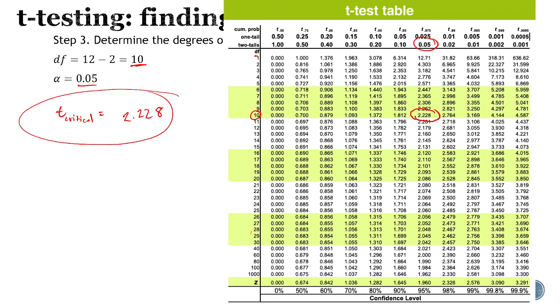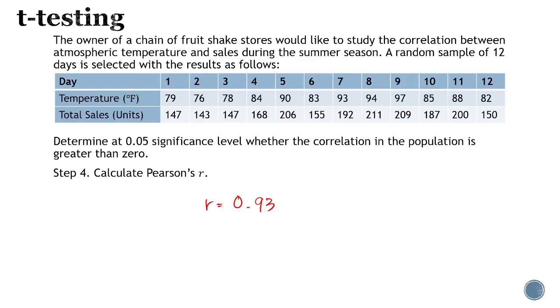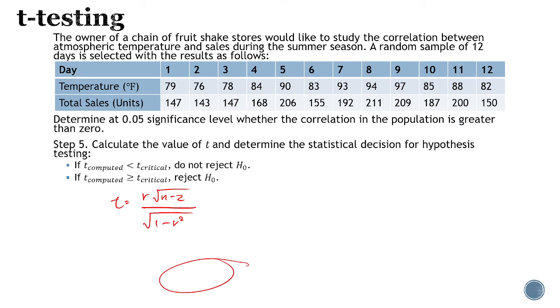So in that, we got 2.228 for the T critical. Then we compute the Pearson R, and fortunately, we already computed for the Pearson R, which is 0.93. Then we just get the T computed using this formula. Therefore, T critical is 2.228, and T computed is 8.0.